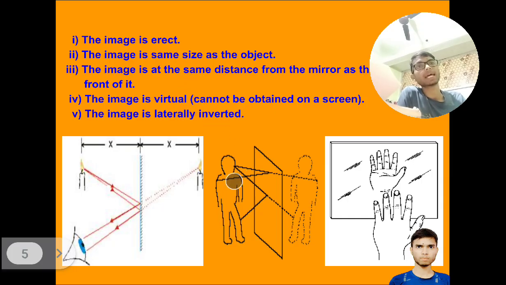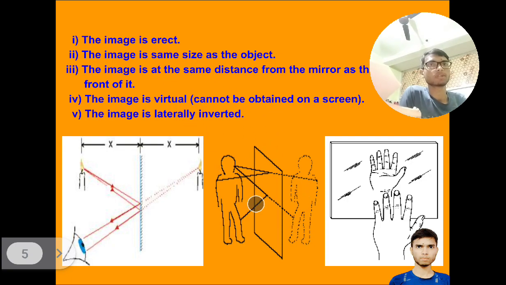Erect means as it is. The size of your body would be equal to the size of the image inside the mirror. So if the size of this is 5 inch, then the size of this would be 5 inch. This is the meaning of erect.